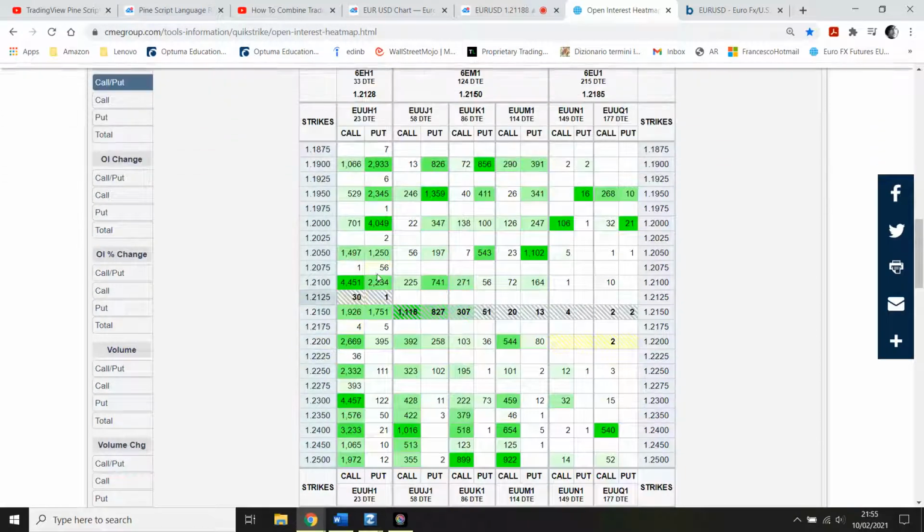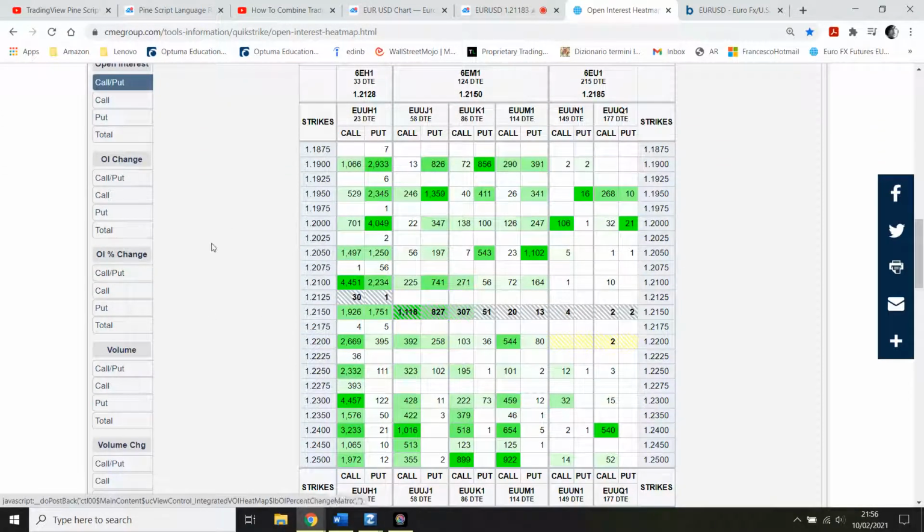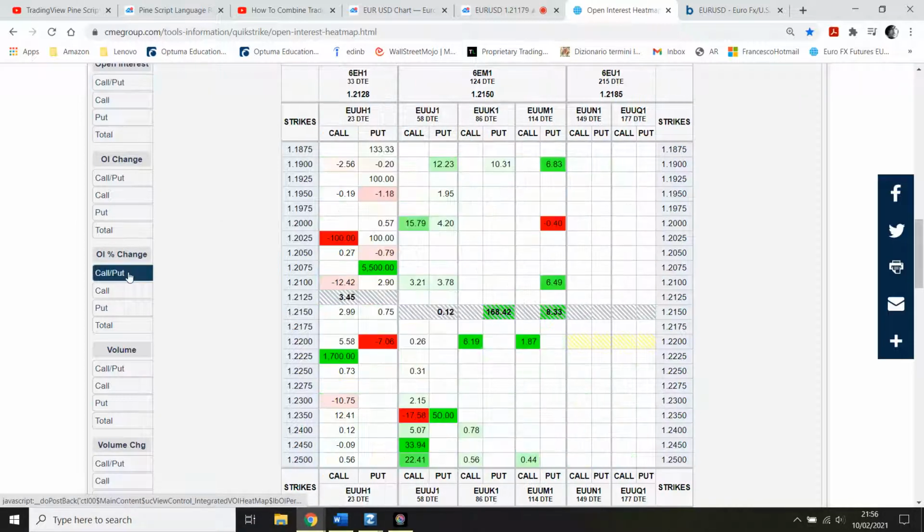Then you have to look at calls and puts and see where they're positioned. So let's go back to the change, which is split this way. Calls and puts you can do by total.